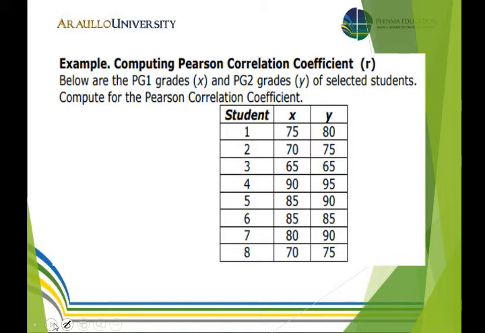Okay, for student 1, got 75 in first periodical, and then 80 naman sa second periodical. And then sa student number 8, 70 sa first periodical, and then 75 sa second periodical. So, we will compute for the Pearson correlation coefficient.